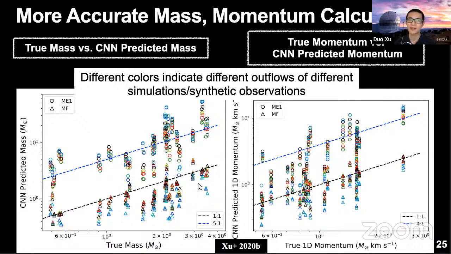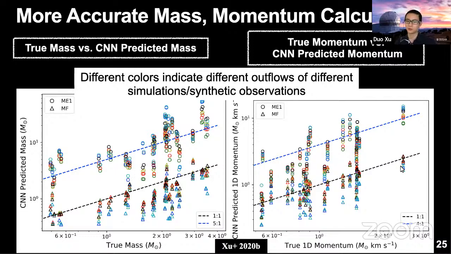If we correct this mass using our model MF, this value is located similarly at the one-to-one line. So this is the true mass. But there is still huge scatter because of the complicated chemical and physical conditions.